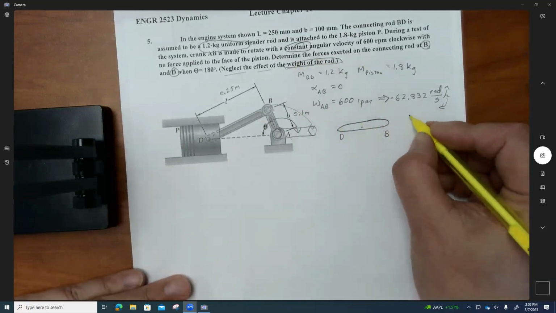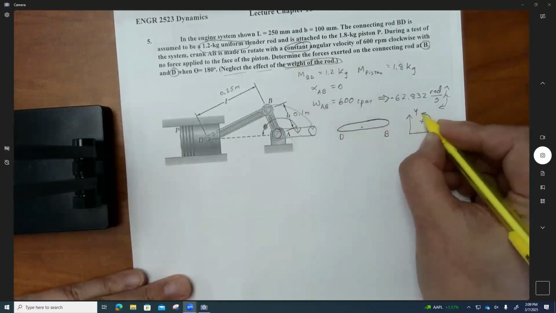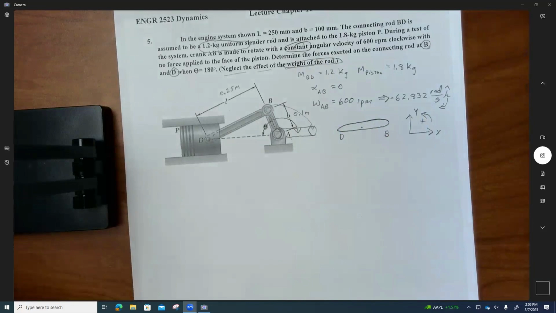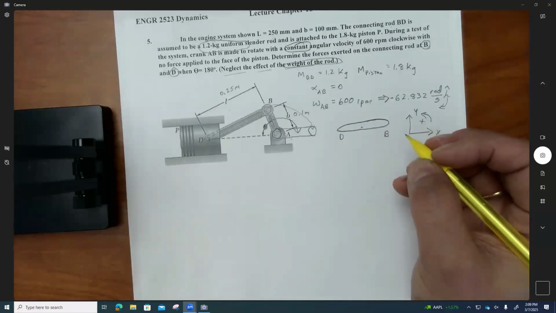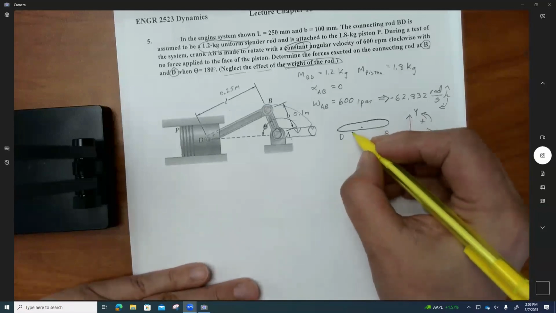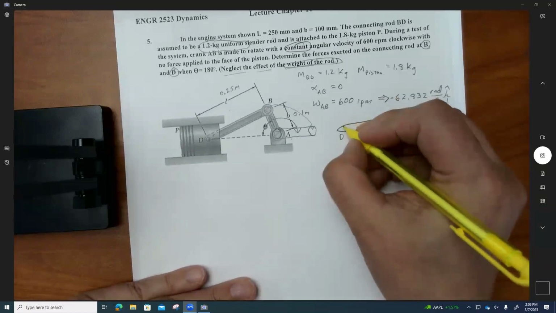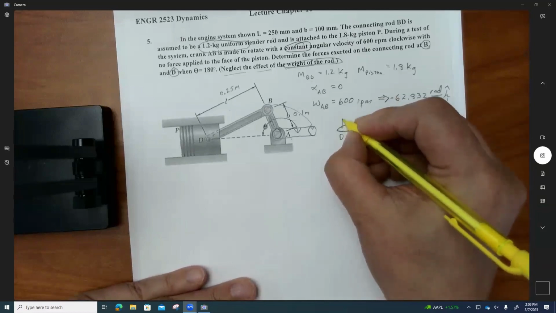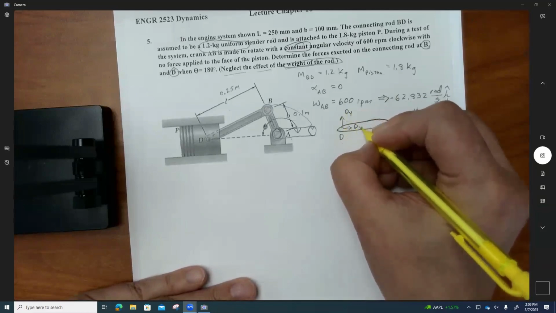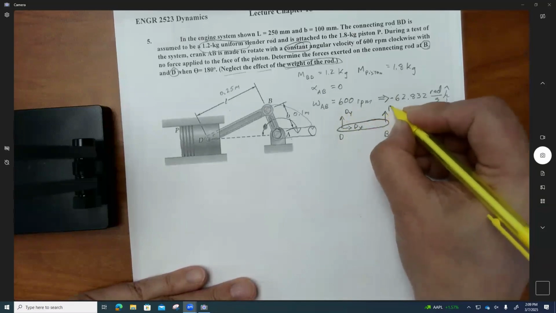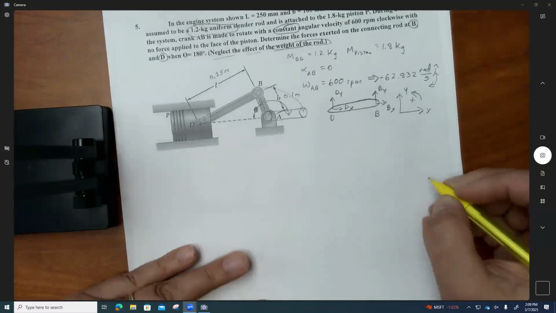Let's work with a traditional coordinate system, and we are going to be looking at D and B. Let's just go ahead and put in dy, dx, by, bx, kind of arbitrarily.